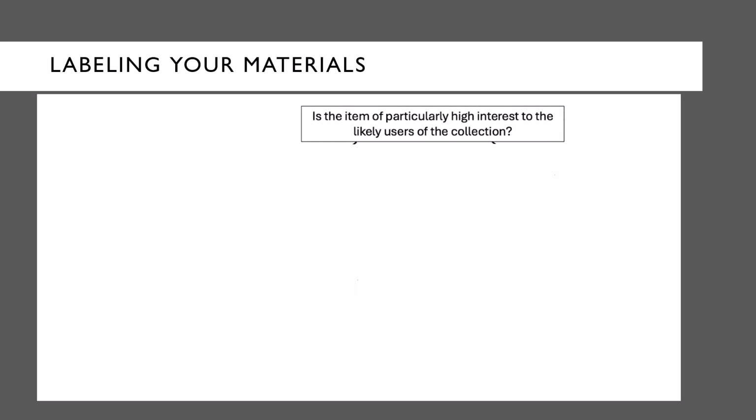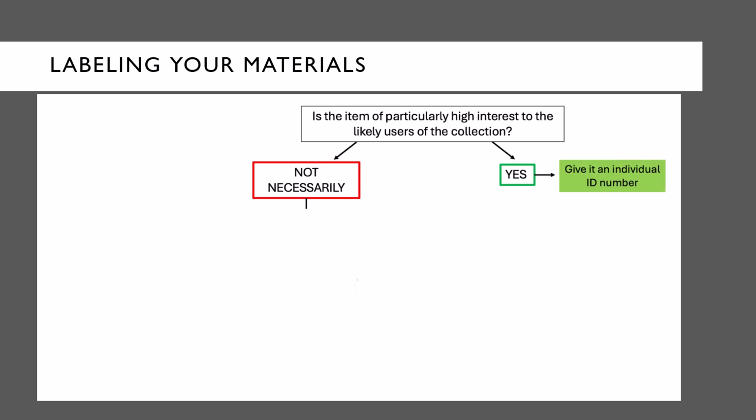In our experience, the decision tree that we used to decide what to label went something like this. First, we looked at the question, is the item of particularly high interest to the likely users of this collection? If we thought yes, then we gave it an individual ID number. If we thought no, not necessarily, then we asked, well, is it ephemera or clothing?